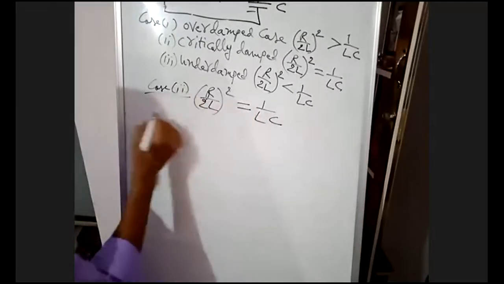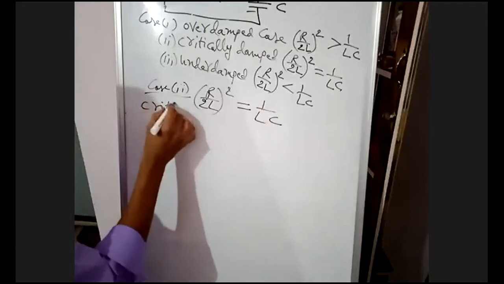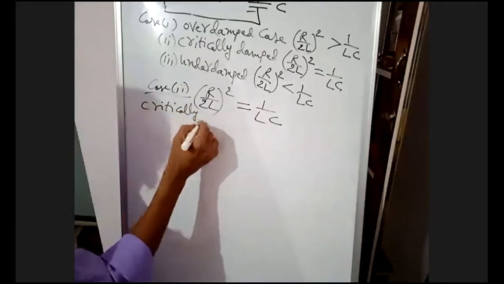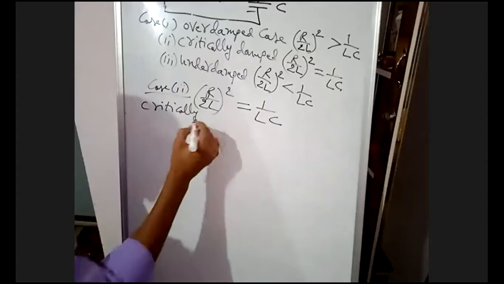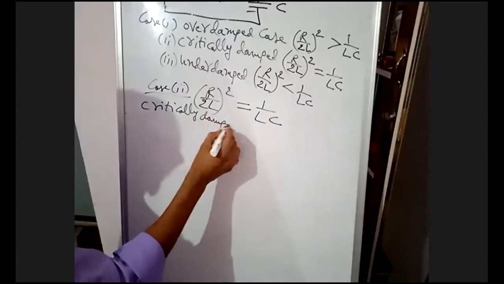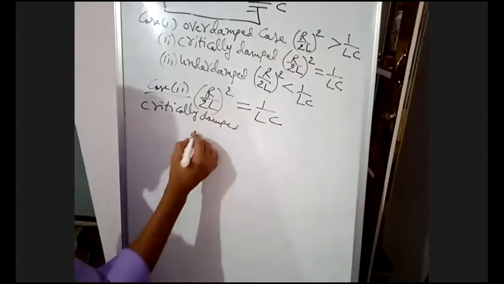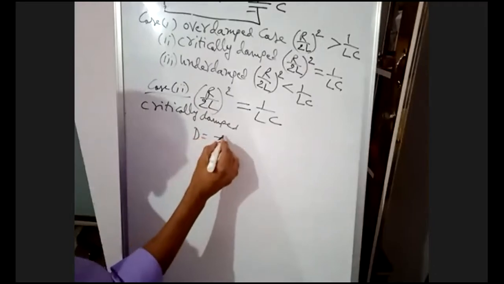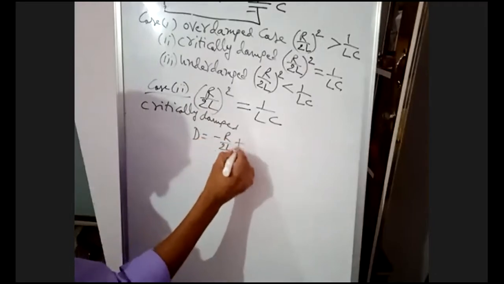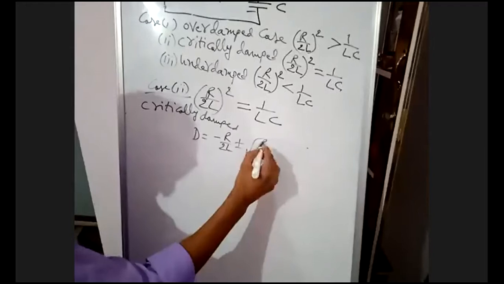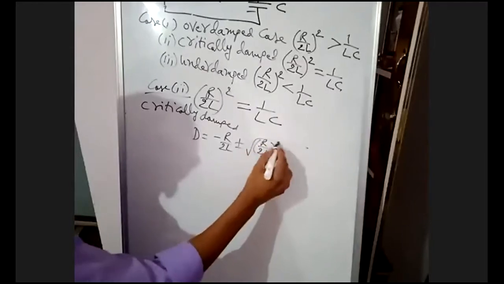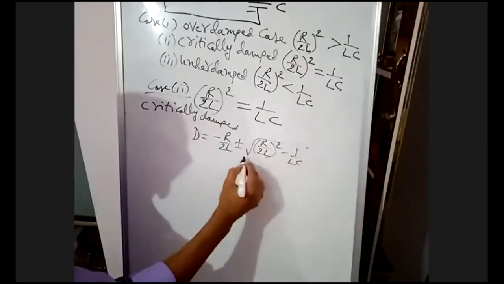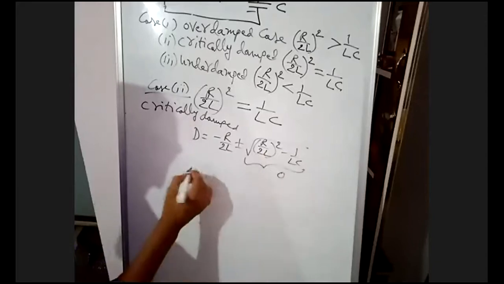Case 2, critically damped. (R by 2L) whole square equals 1 by LC. Now this value is 0.